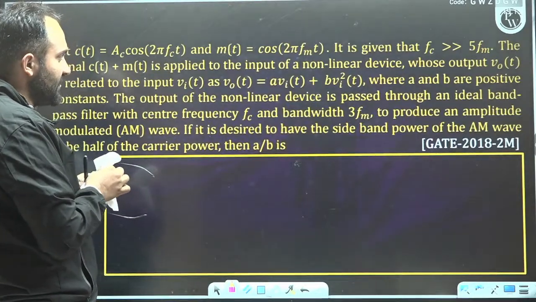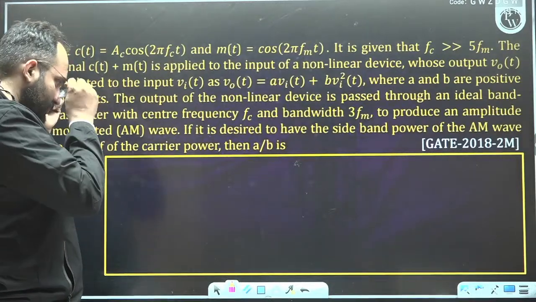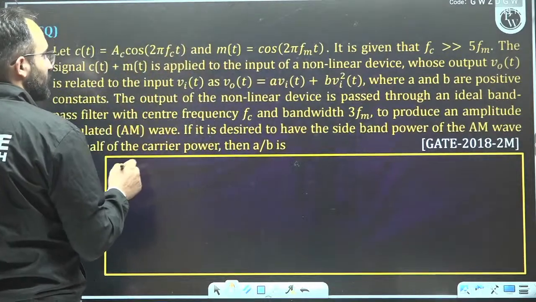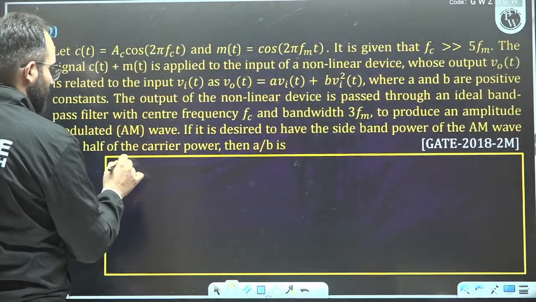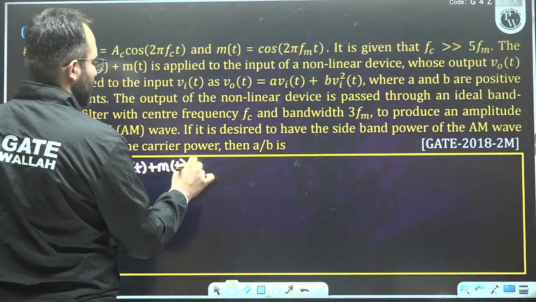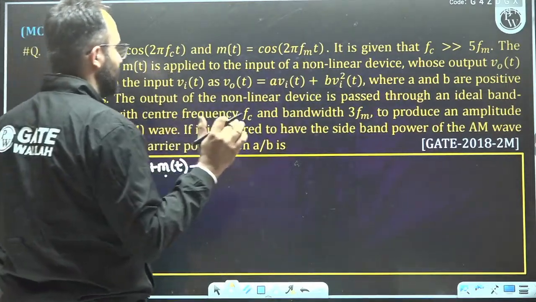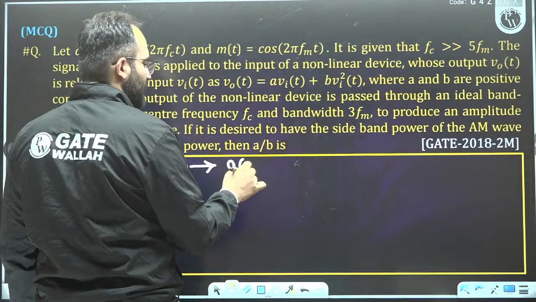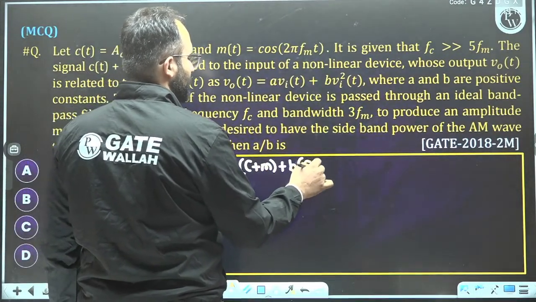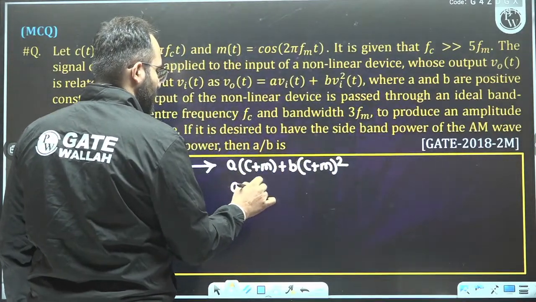The nonlinear device relationship is also given to us. So let's try to see. c(t) plus m(t) is applied to the nonlinear device. I will be writing only c and m for ease of analysis. So we'll get a(c + m) plus b(c + m) whole square. This will be ac plus am.